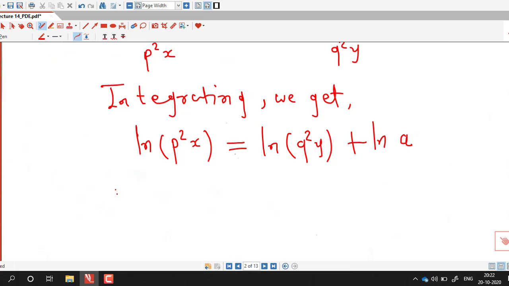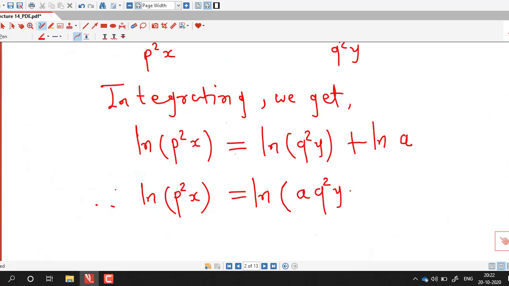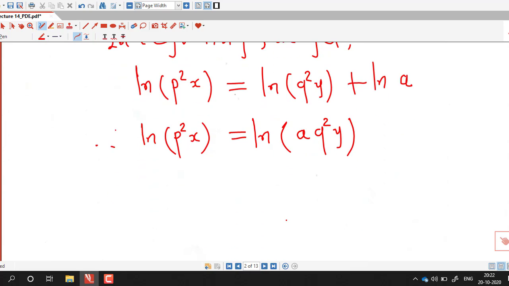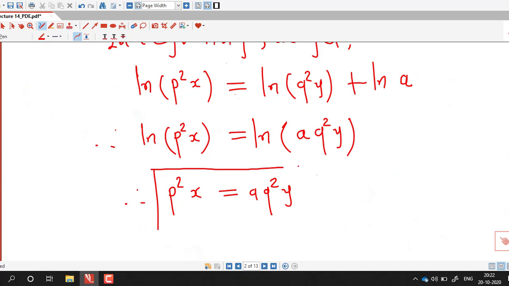So this we can rewrite as log p square x equal to log, using the property of logarithm, a into q square into y, and because log is a one-one function, this implies p square into x equals a into q square into y. So this is the relationship which involves p and q.